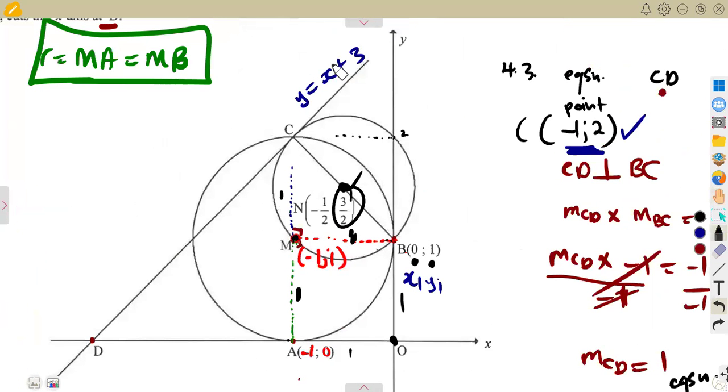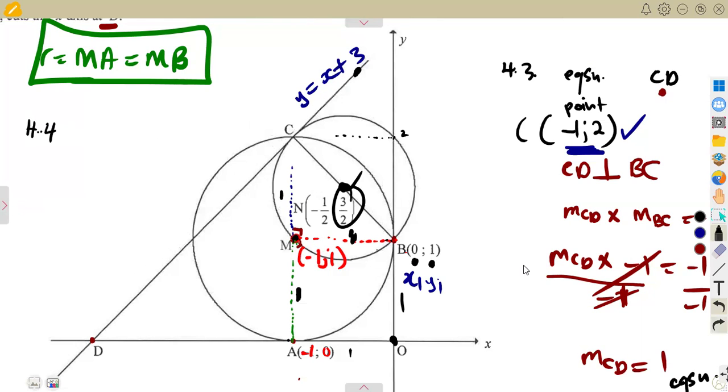It will touch the circle if our t is 3. So what does it mean? Because it is parallel, for it not to touch this circle, t is not supposed to be equal to 3. Guys, please understand this. When t is equal to 3, that is where you have the equation of the tangent.